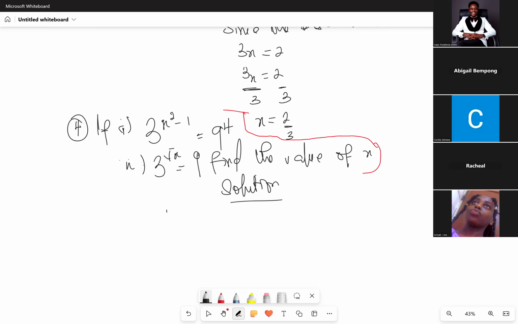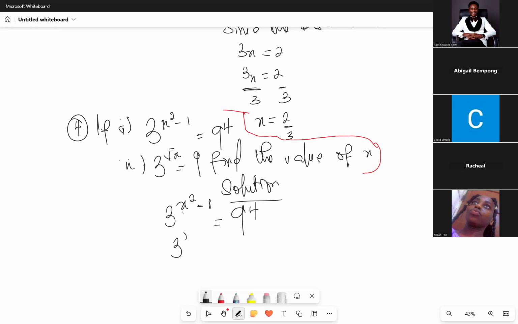So we have 3 exponent x squared minus 1 equals 9 exponent 4, where the x is an index. Do not panic about what is at the top. It will make sense soon. Concentrate on the bases 3 and 9. So what did you do over there?